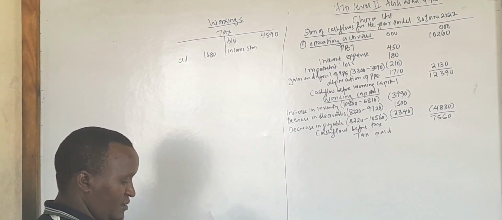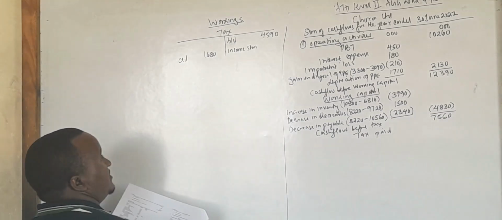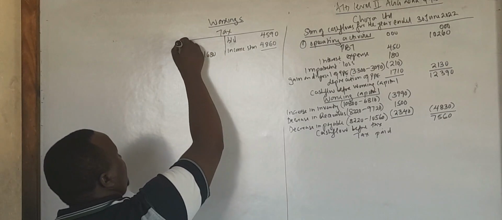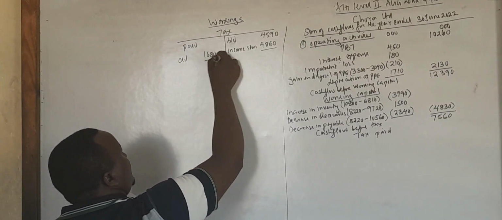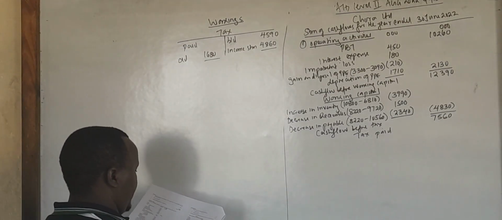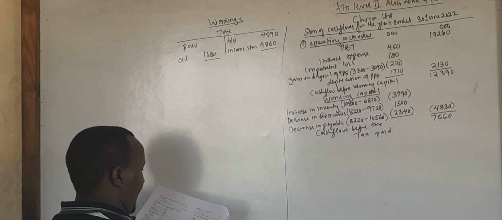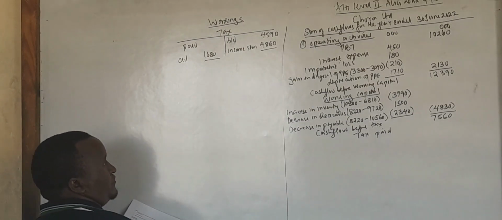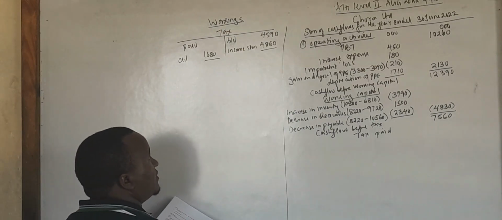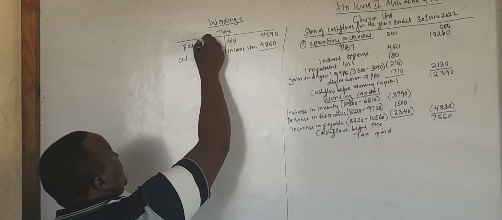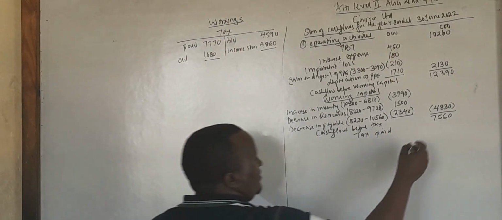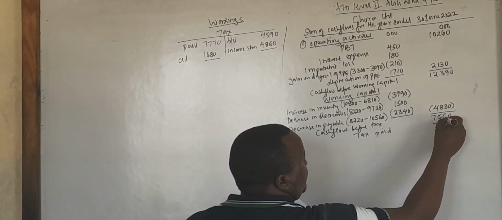Tax expenses of 4860. Yeah. Get what we paid. Here, 7770.